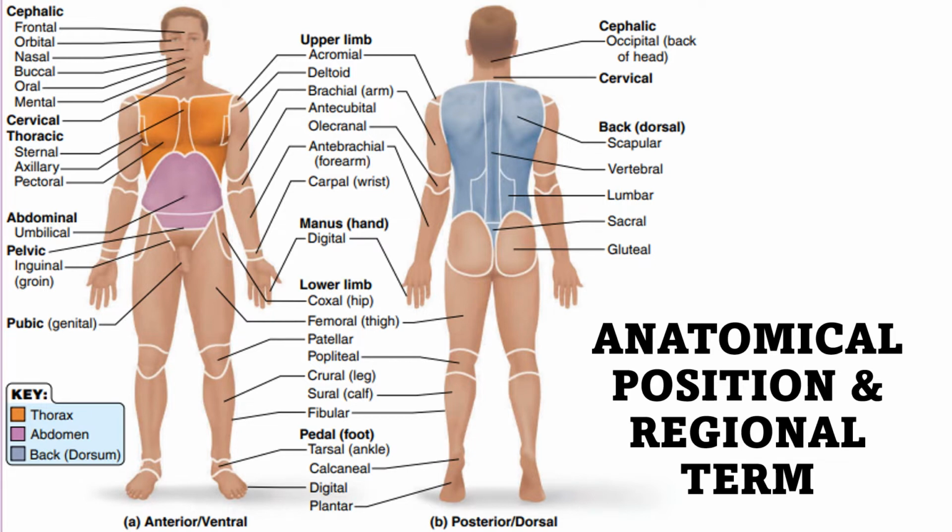In order to know those landmarks, we first need to know the proper anatomical names. Then you can be specific in referring to the different regions of the body, like in the figure. For example, in the anterior view, cephalic refers to the head.